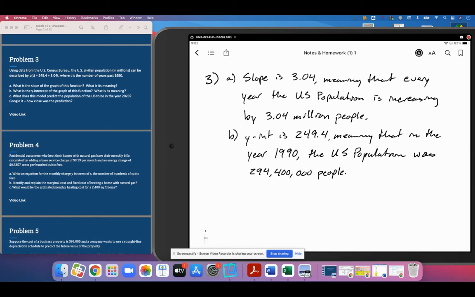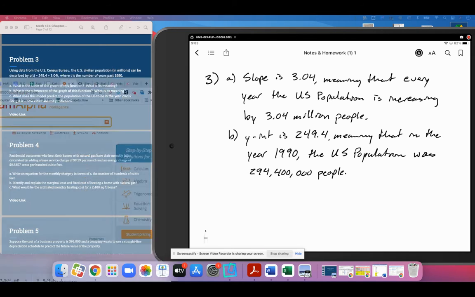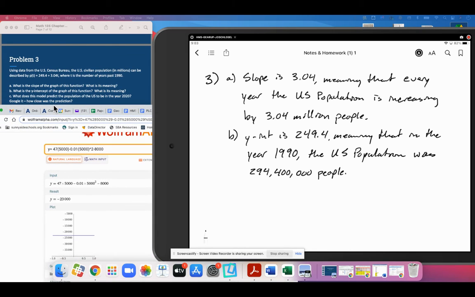And then we are asked, lastly, what does this model predict the population of the US will be in the year 2020? And so the way that we need to do that is think of 2020 in reference to 1990, so that is 30 years later.